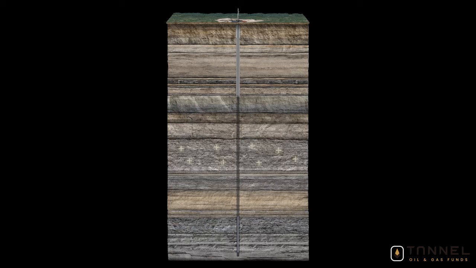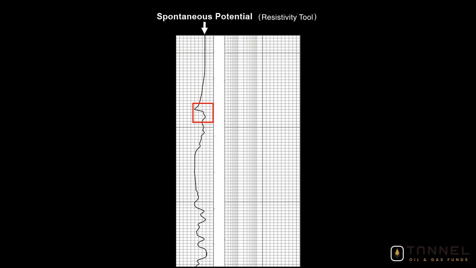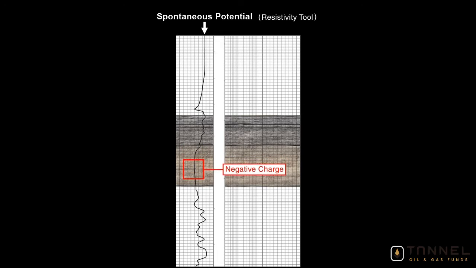Some layers of rock have a positive charge compared to the surface, while others have a negative charge. A shift to the right on the log indicates a positive charge, usually associated with shale. A shift to the left indicates a negative difference, usually associated with sandstone.